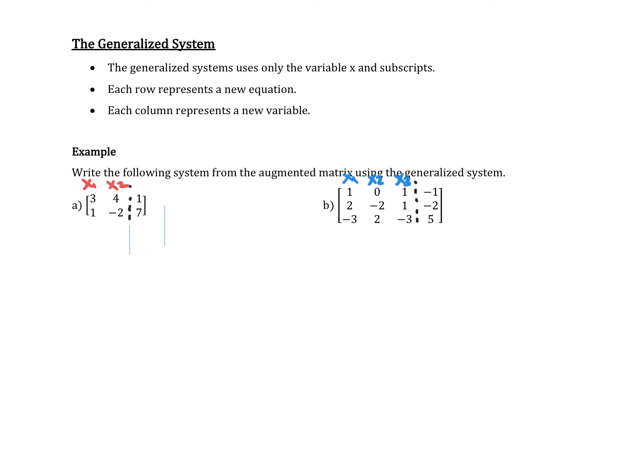If I want to write the first set of equations in part A, the first row is 3x1 plus 4x2 equals 1, the constant. The second row would be x1 minus 2x2 is equal to 7. So notice this: if you go down, these make up the columns, and these rows make up each equation.